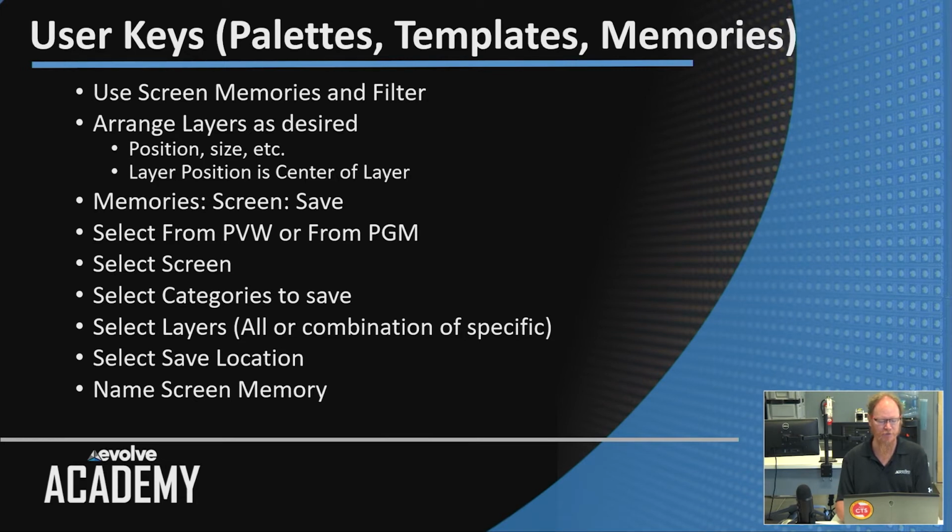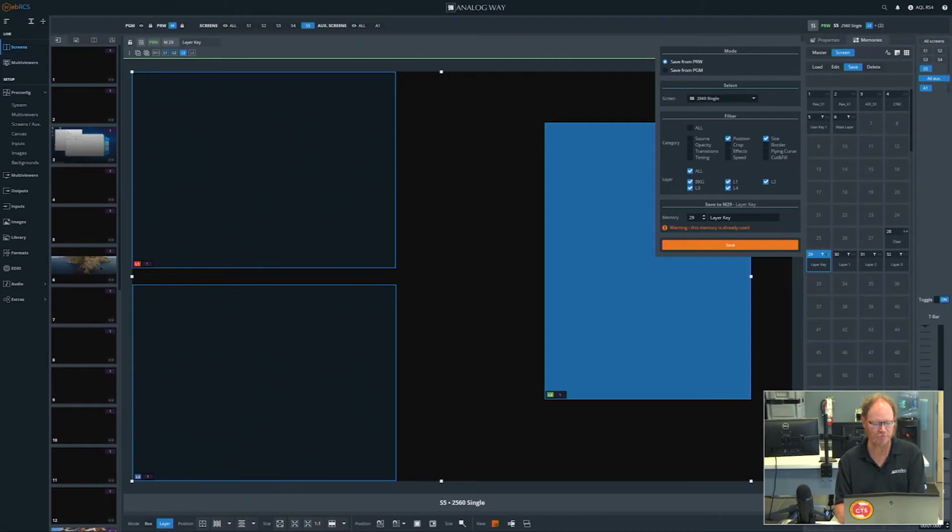Lots of different options for user keys. Here is the walkthrough on how to do that. So screen memory, turn a filter on, arrange the layer where you want it, save it, and you can select from preview or program, select which screen you want to save from, which categories you want to save, and then save it.